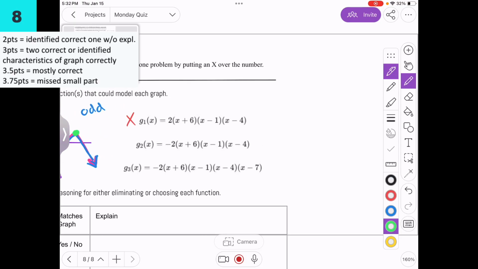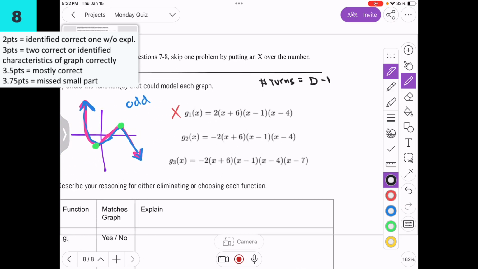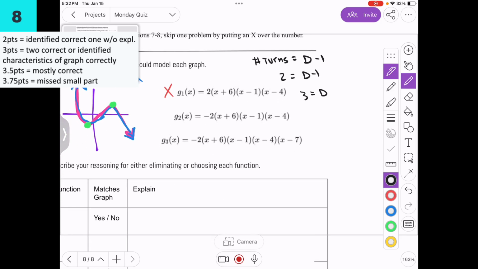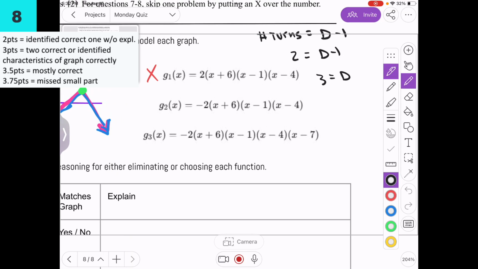And if you remember, we can use the fundamental theorem of algebra that says that the number of terms equals degree minus 1. So if the number of terms is 2, I can substitute 2 equals d minus 1. Add 1 to both sides, I get 3 equals my degree. So if my degree is 3, I have to figure out which one of these is my answer.